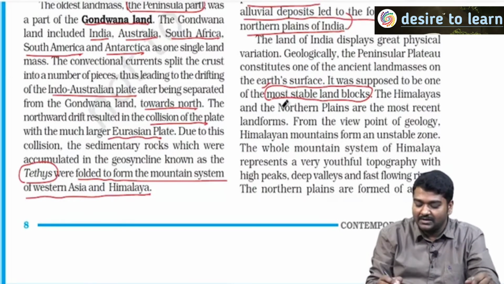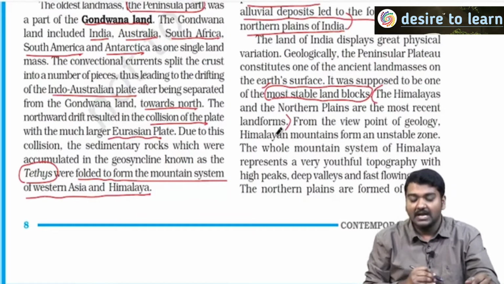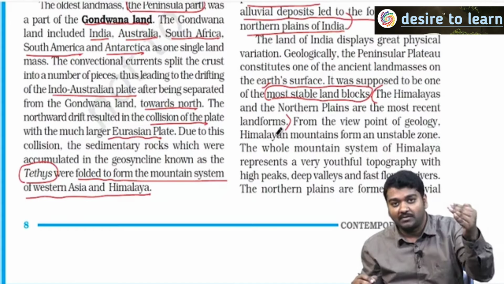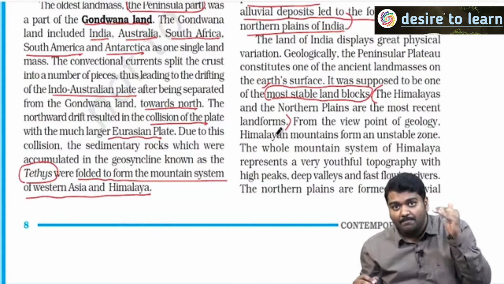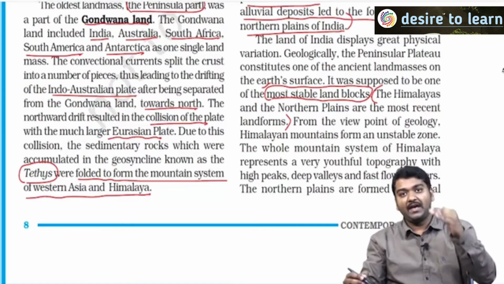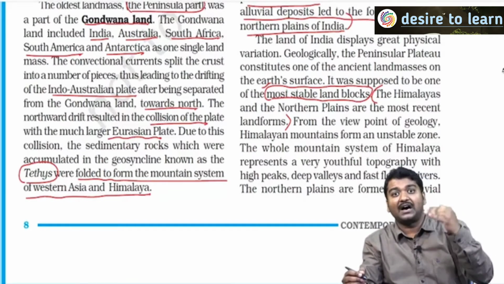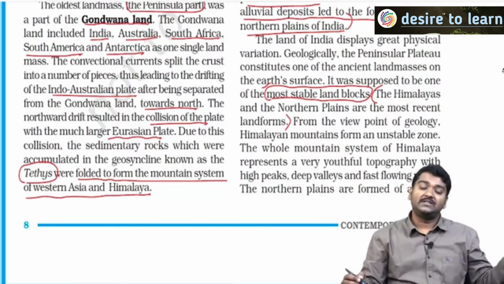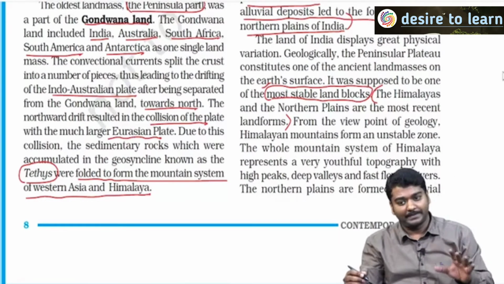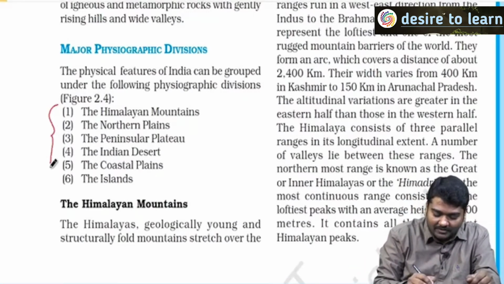The Himalayas and the northern plains are the most recent landforms, whereas the peninsula is the oldest one within India. We date this back to the Gondwana land period as well. So we say Himalayas and plains are younger and their structures are newly formed, whereas the peninsula is the old one. Then let us see these points one after the other.